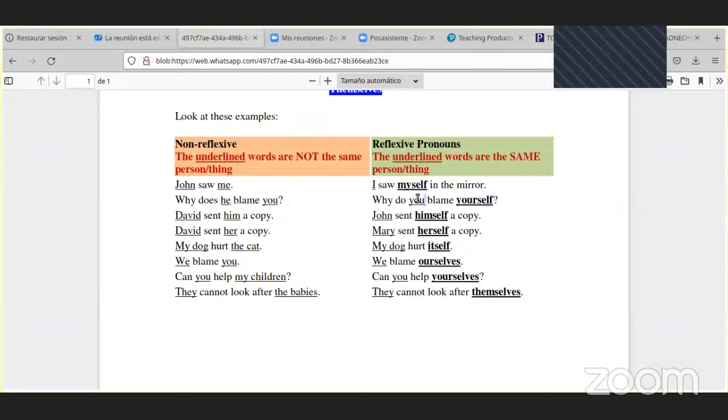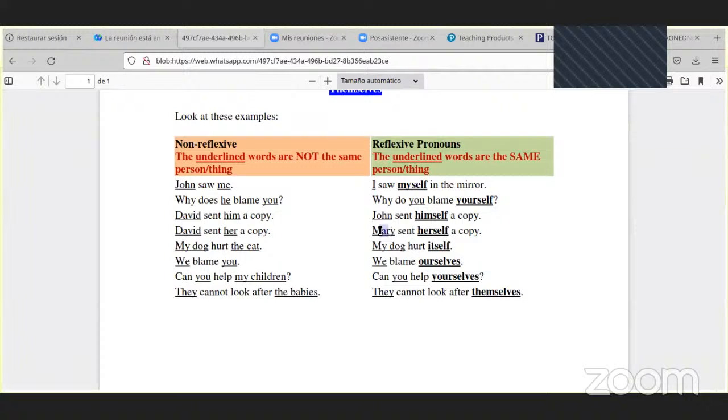I'm using you, the subject, and I'm using the reflexive pronoun that corresponds, okay? I have John, it comes from he, sent himself. So himself, that comes from him, right? Mary sent herself a copy.